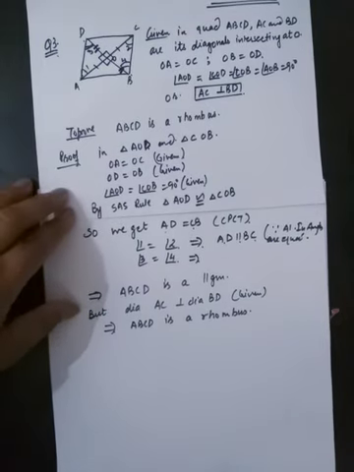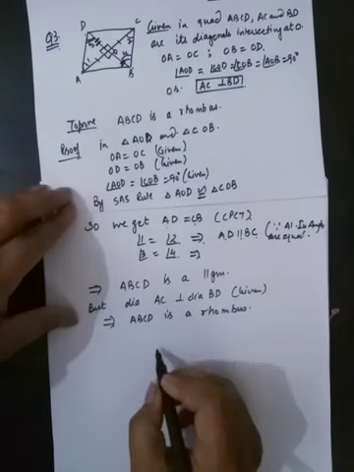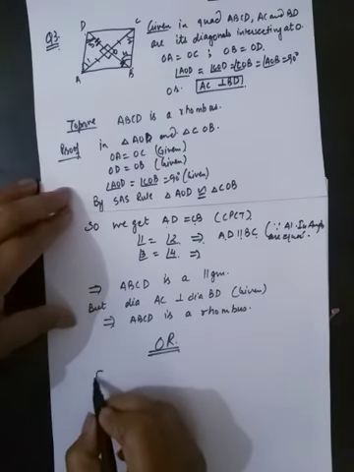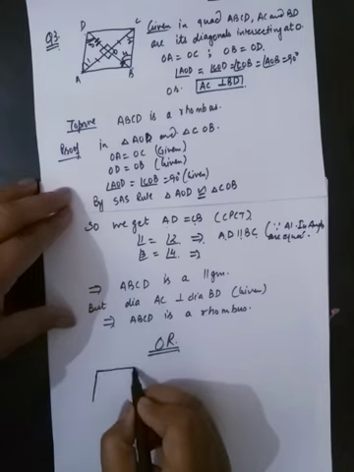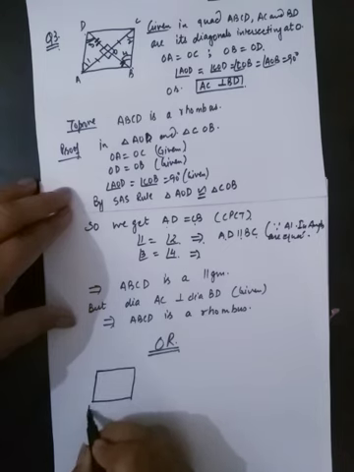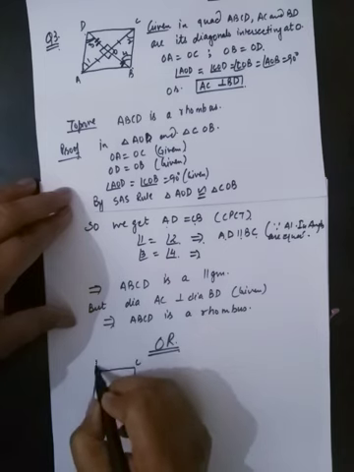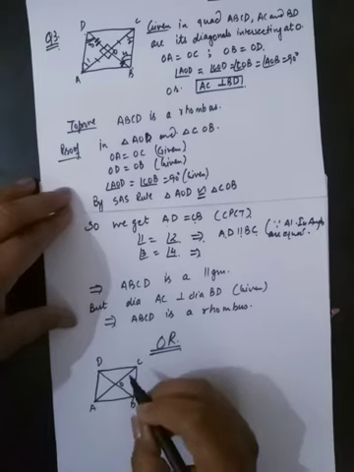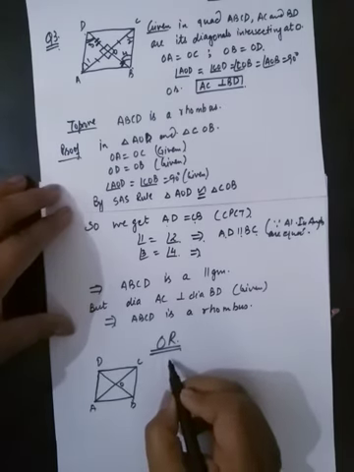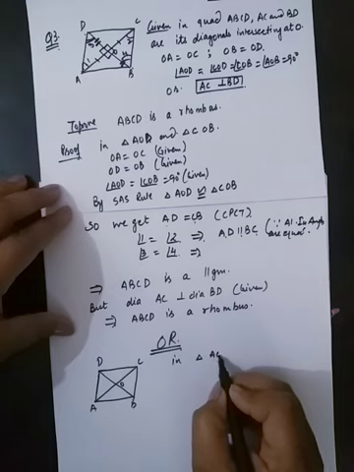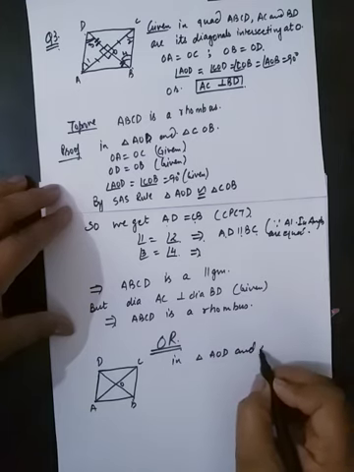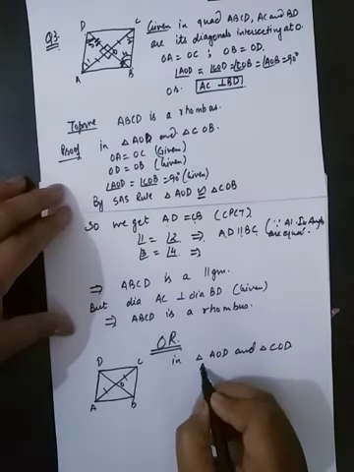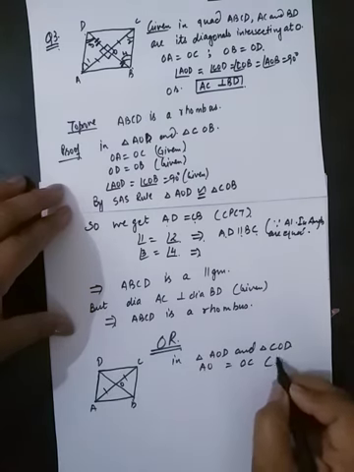And you can also take two adjacent triangles in the given figure. Here we have taken two opposite. Now we are going to prove it by taking two adjacent triangles. In triangle AOD and in triangle COD, AO is equal to OC.